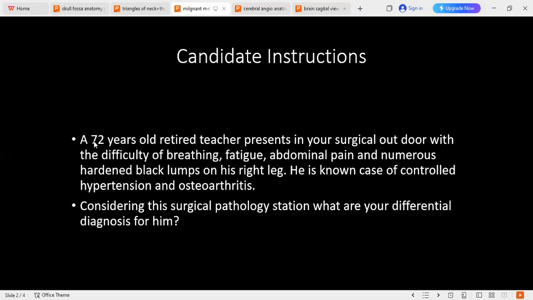Good. Primary site, secondary sites for metastasis, and lymphatic drainage. How would you know about the phenotype of the tumor? By histochemistry or genome. Very good.